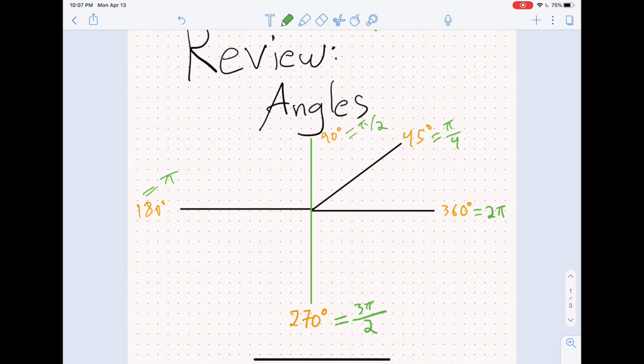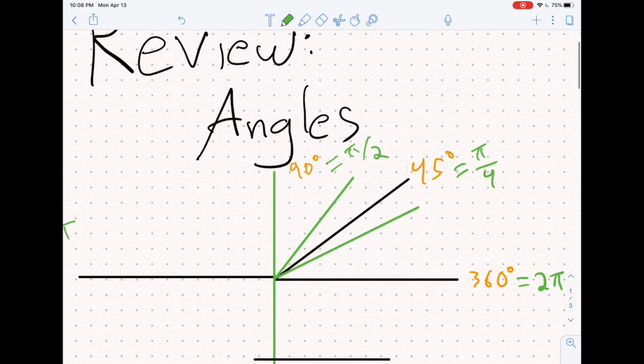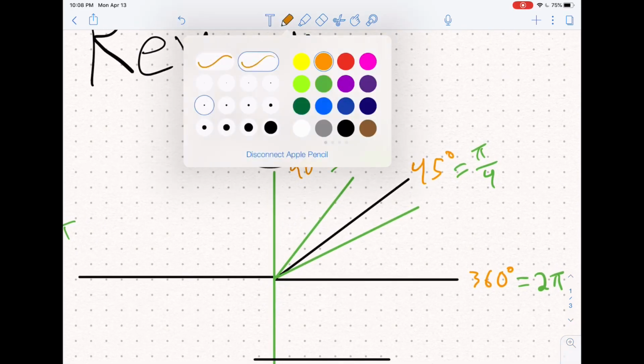And then the other two angles that we want to deal with here in the first quadrant is if you imagine taking this entire 90-degree angle and dividing it into 3 equal pieces, then what you're going to get is an angle that is 30 degrees and another angle that is 60 degrees. There we go. And our 30 and 60-degree angles, let's put them in first as angles.